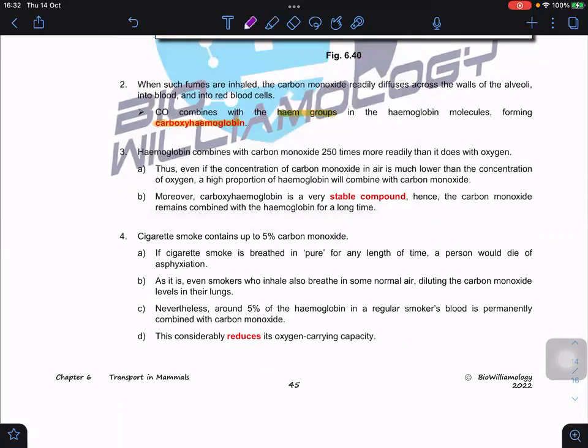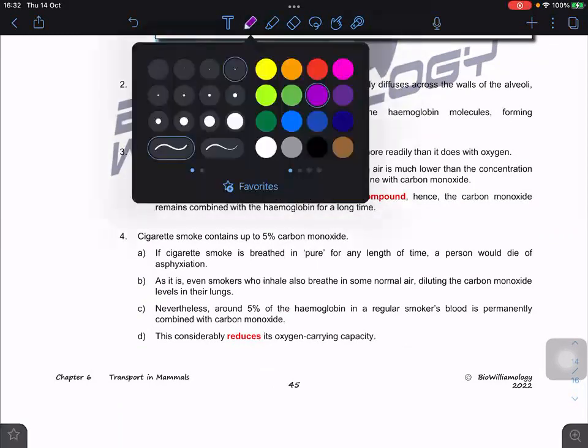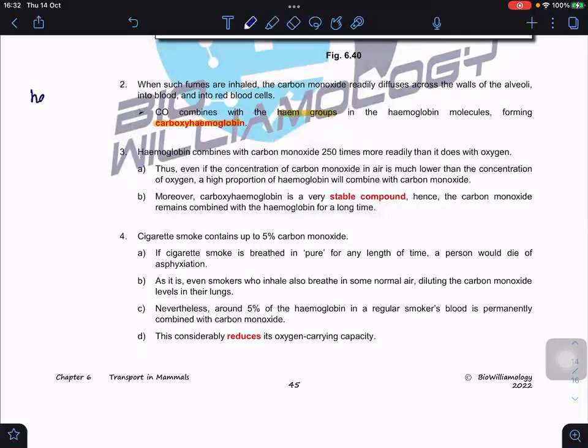So it means that we have two chemicals that can bind to the heme group, O2 and carbon monoxide, CO. And in fact, hemoglobin has a higher affinity for carbon monoxide than for O2.